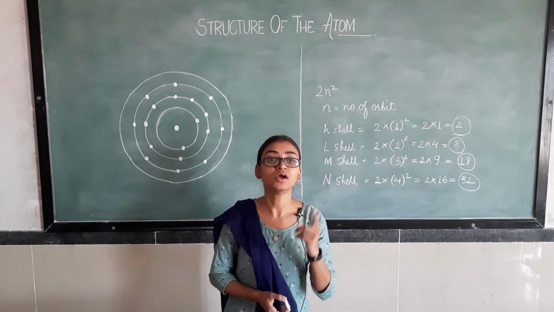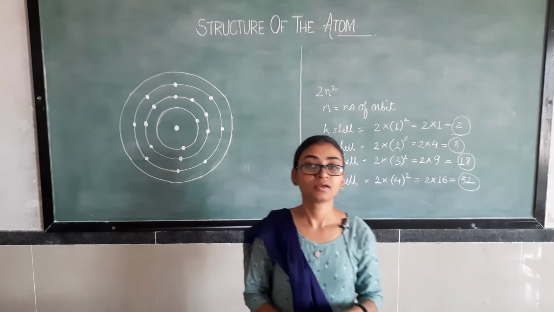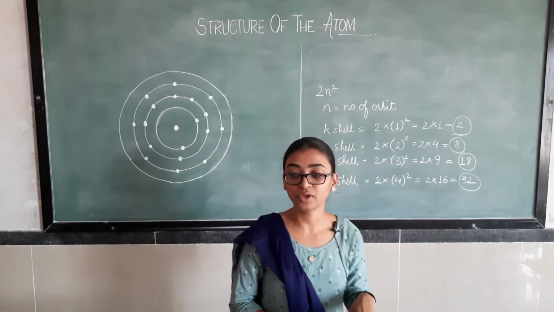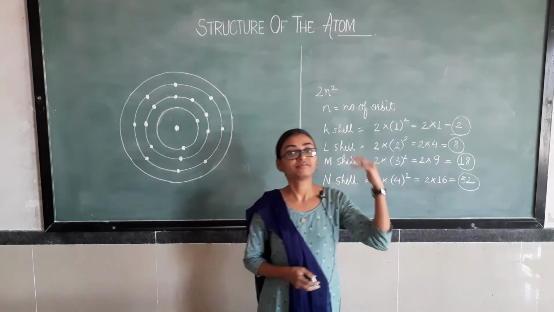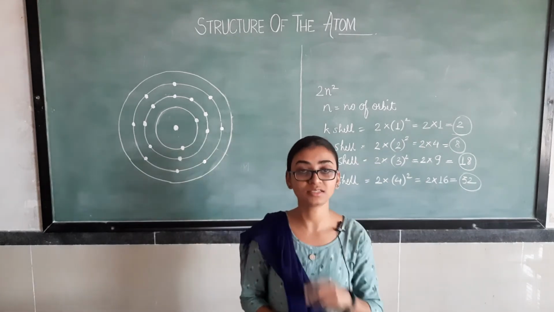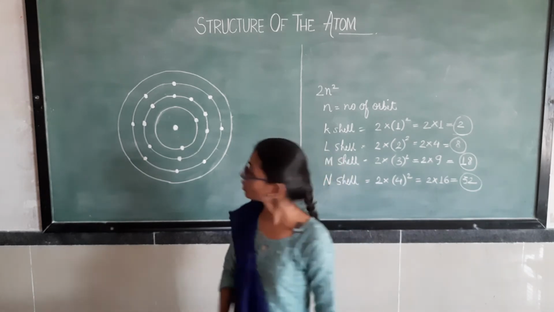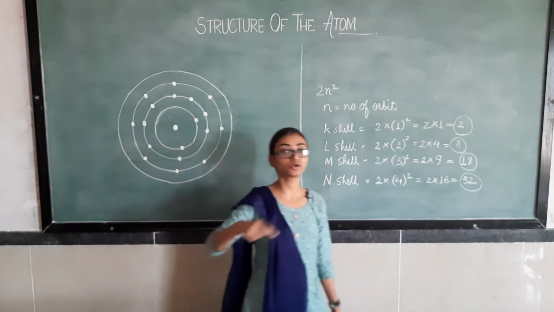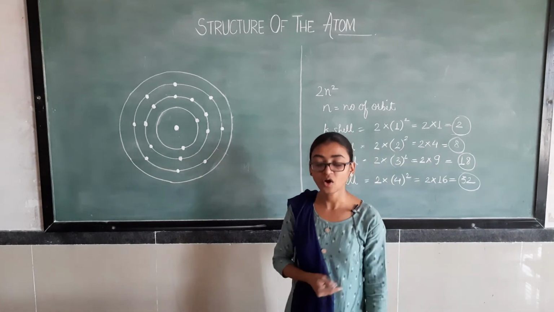This is going to be for lifetime. In class 11th and 12th also you are going to see this, and also if you pursue a science degree in future, this is going to help you. So just go through this. This is about how the electrons are filled in these orbits.